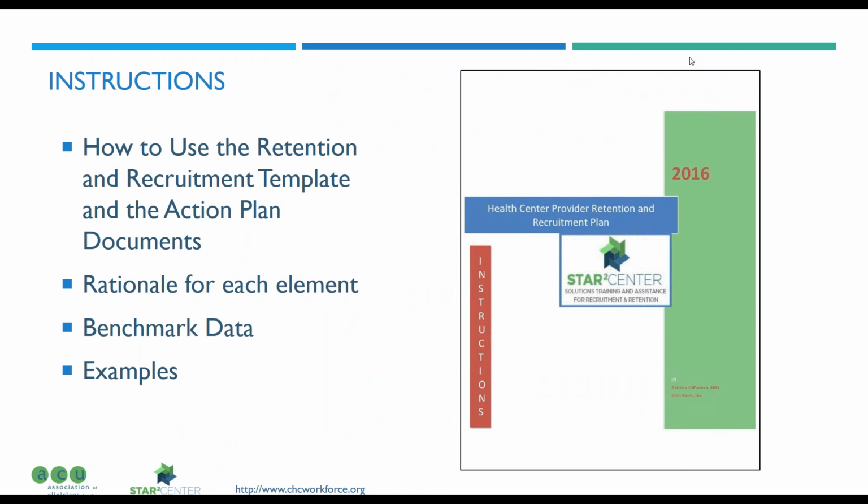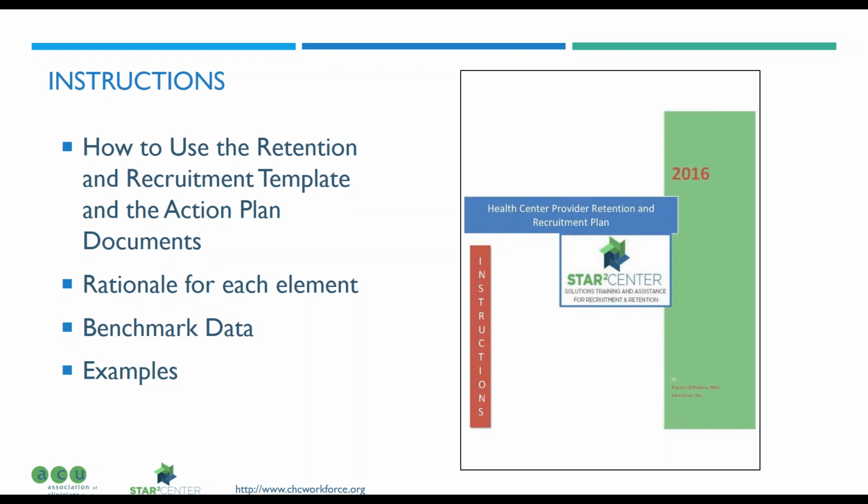The instructions actually have the template incorporated in it. The reason we have a separate template is so that you don't have to delete all the instructions in between, just to make it a cleaner document for you. But the instructions are really the full template, plus all the rationale for each element that's included in the template, the things to think about.